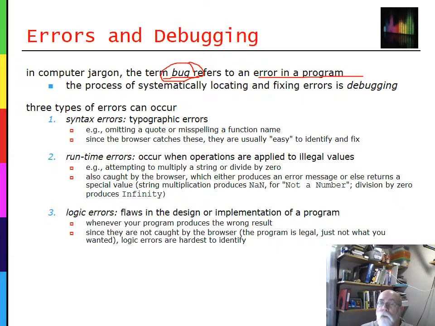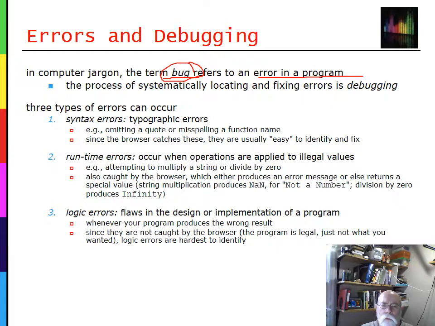She's also the one accredited with using or finding the first bug in a computer and calling it that. And it literally was a moth that had flown inside one of the big mainframe computers and shorted things out. And so the word bug comes from the work by Grace Hopper.